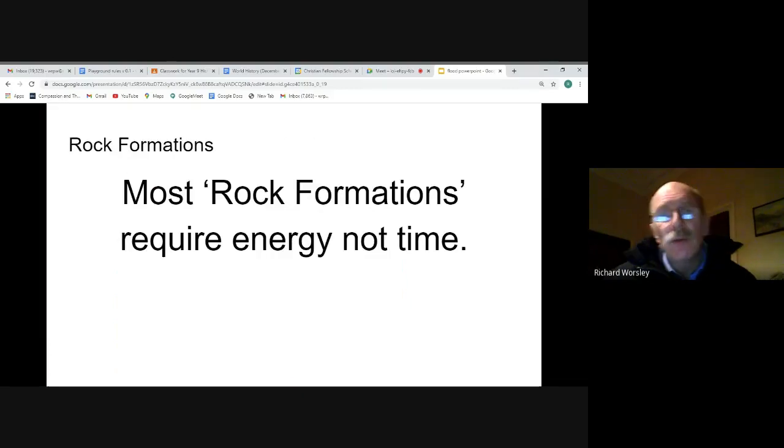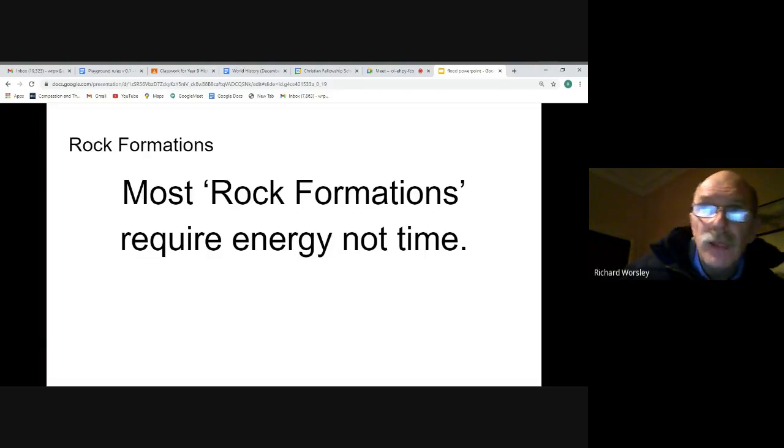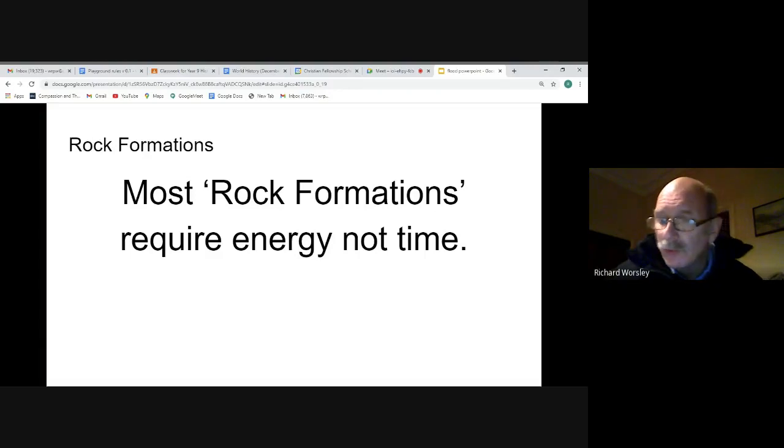Most rock formations require energy, not time. And I have a sneaking suspicion, and I write about this in pages 10 to 15 of my world history book, that a lot of what we call everyday geography features really do betray a recent Earth.